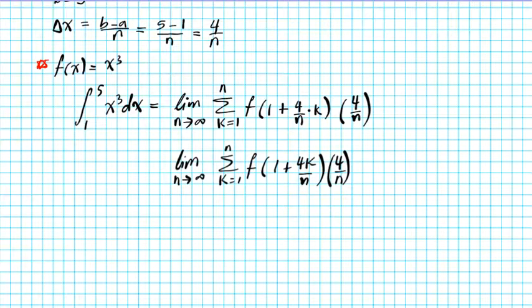All we're doing is taking the value 1 plus 4k over n and plugging it into this function. So if we plug in this input, the final answer is the limit as n approaches infinity of the sum from k equals 1 to n of (1 plus 4k over n) raised to the third power times 4 over n.